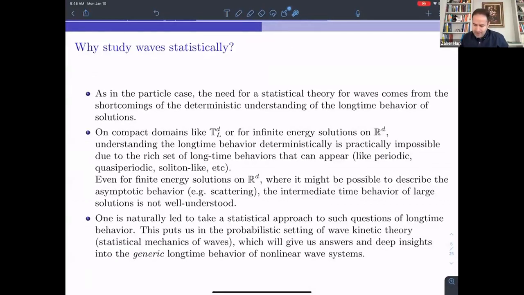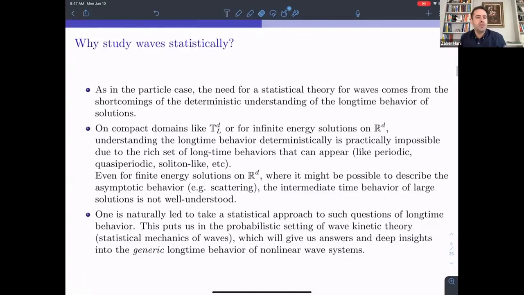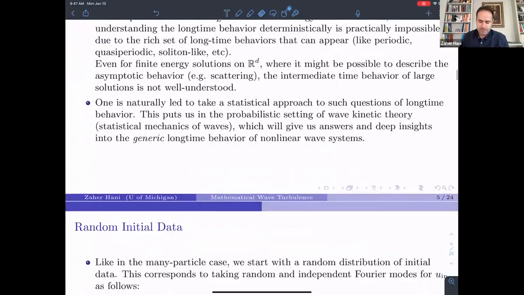So one is naturally led to this kinetic theory, and as a result, this statistical approach to questions of long-time behavior, which puts us in the setting of thinking probabilistically about solutions. As a result, we need to start with some random distribution of the initial data while we're studying those problems in the next few slides.